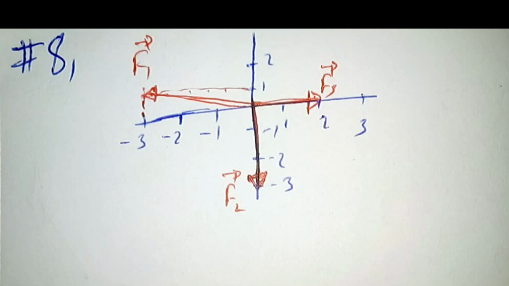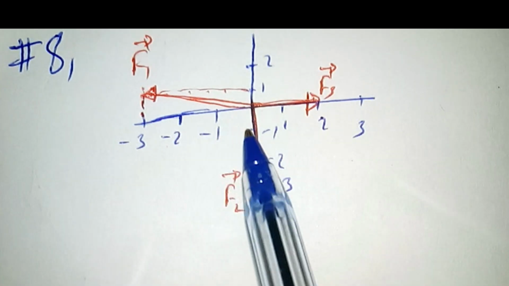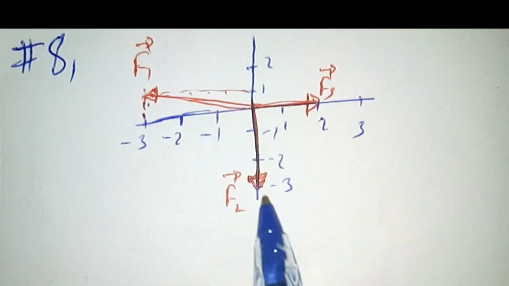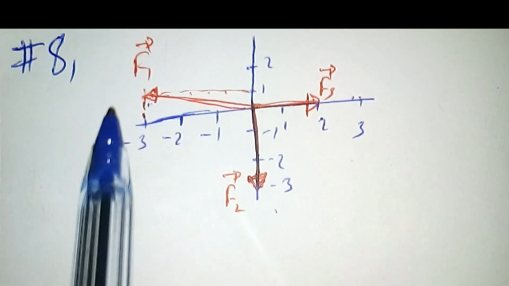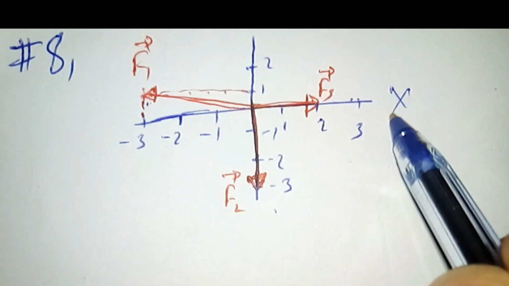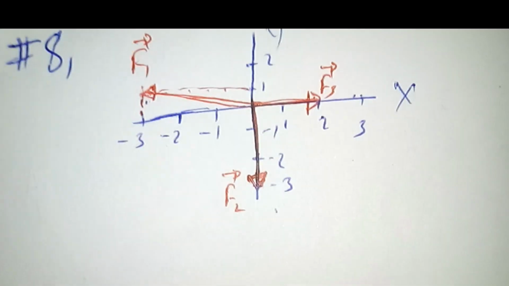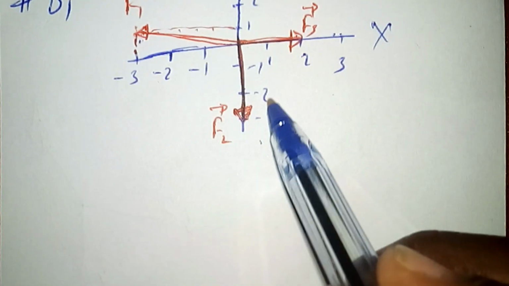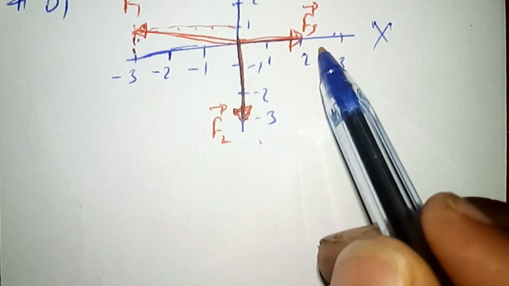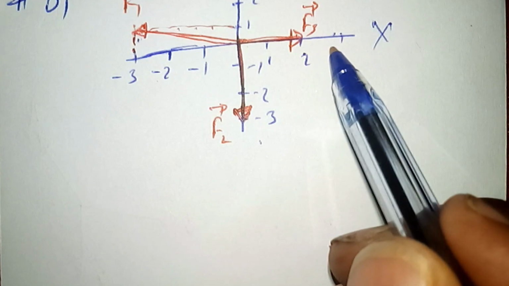So three forces acting on a single object are F1, F2 and F3. F1 has xy components, if this is the x-axis and this one is the y-axis. F2 is along the negative y-axis and F3 is along the positive x-axis.